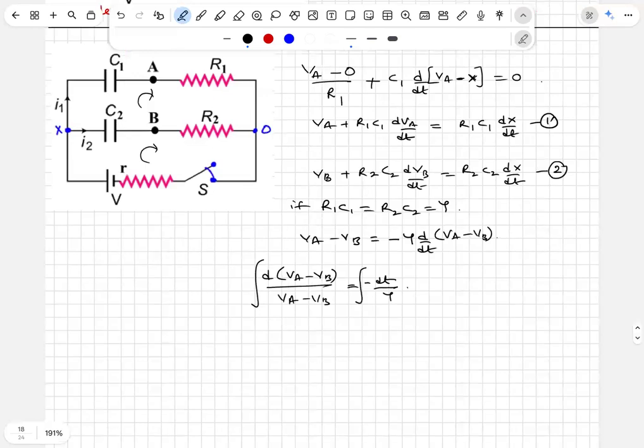What is VA minus VB initially, just after closing the switch? What happens? VA minus VB is 0. Nothing flows. So therefore, log E of it is a constant.